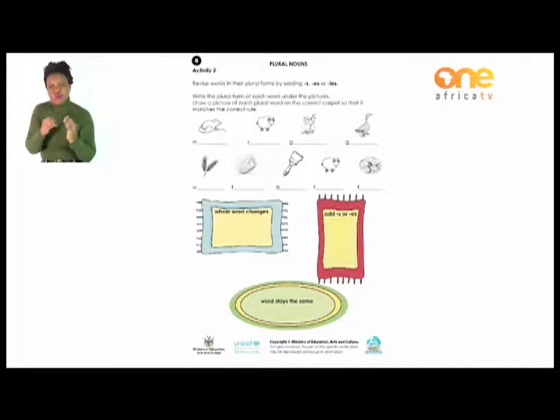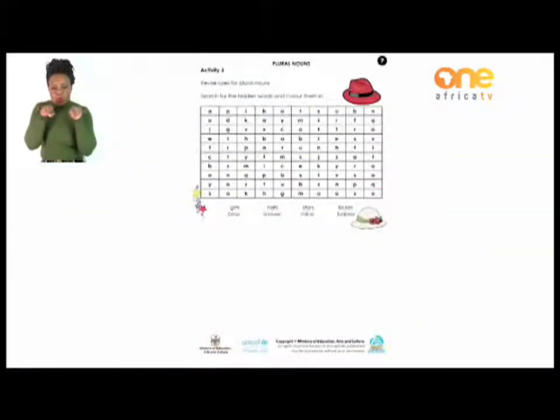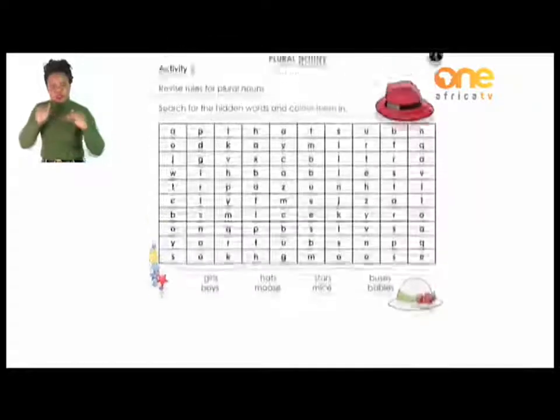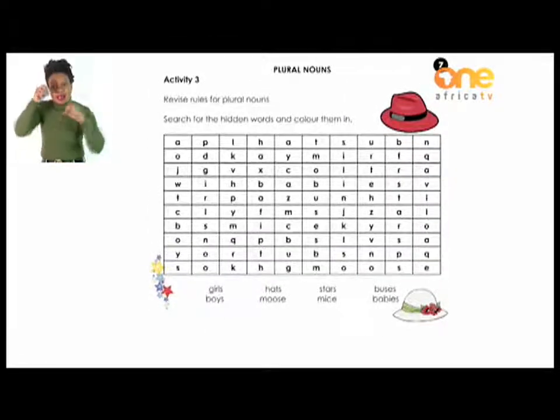Let's continue. Activity number 3 on page 7. Search for the hidden words and color them in. You are given some guidelines there. The words are below: girls, heads, stars, buses, boys, moose, mice, babies.